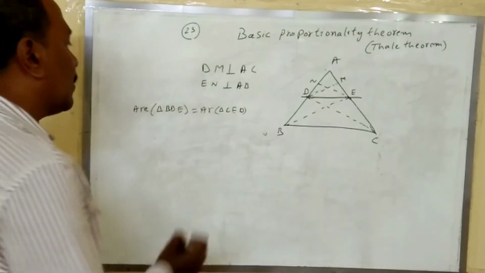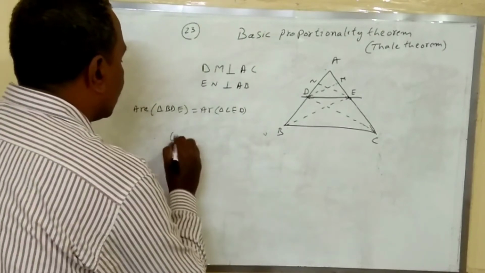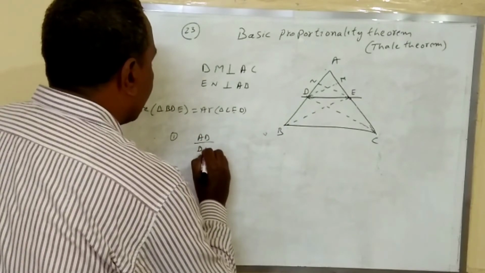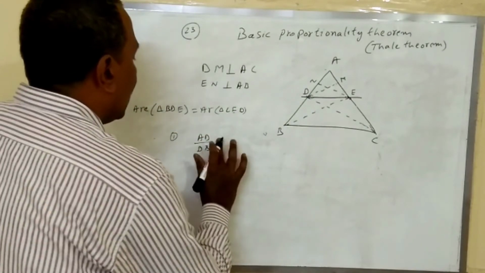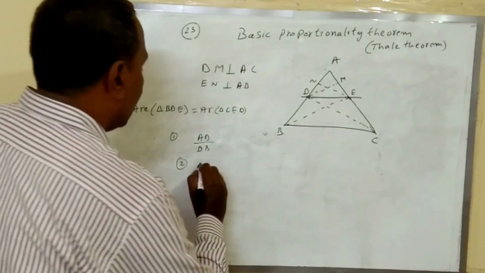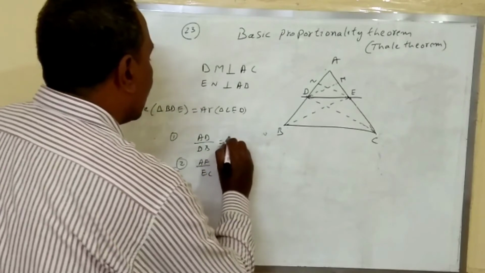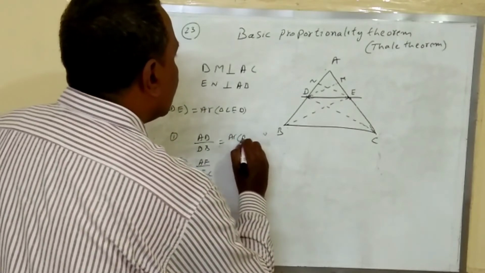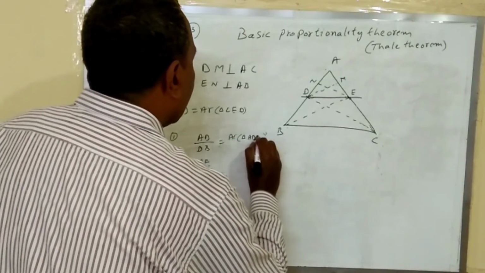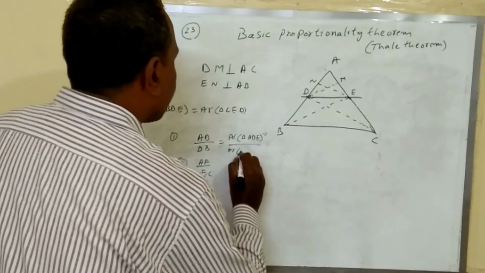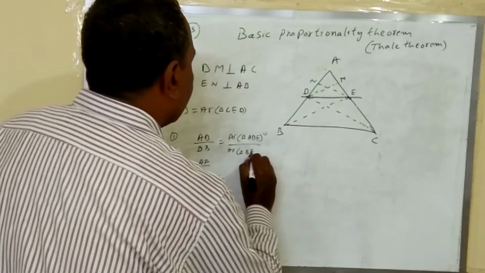So from the first equation, what we got? AD by DB, and from the second equation, AE by EC. AD by DB is equal to area of triangle ADE by area of triangle BED.